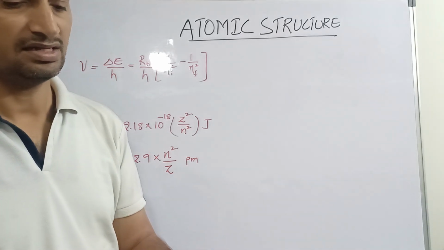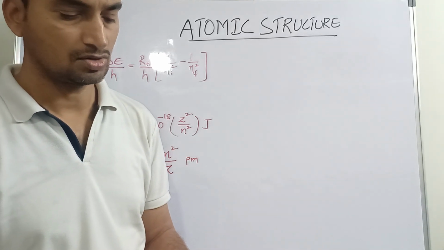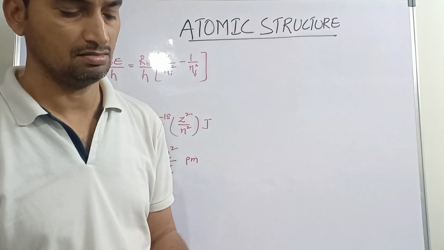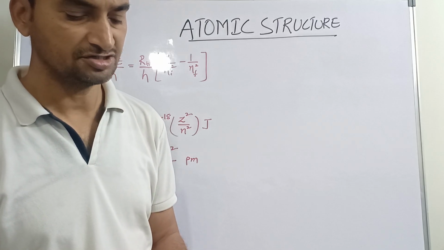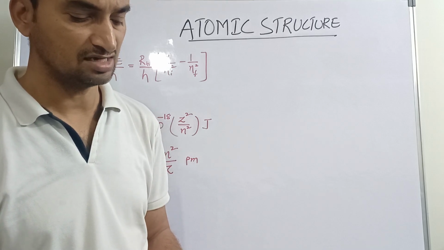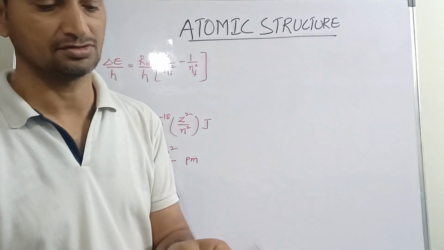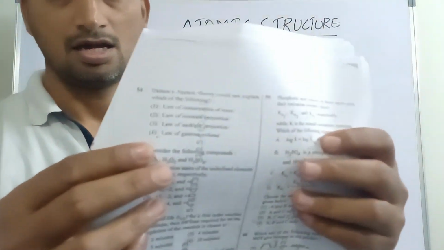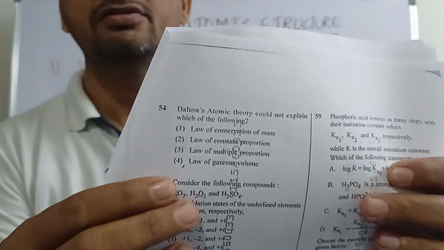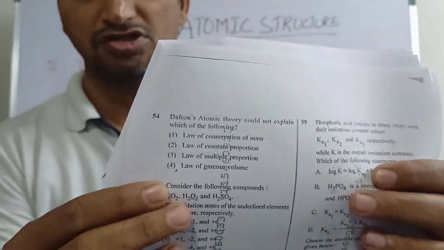Dalton's atomic theory could not explain which of the following: law of conservation of mass, law of constant proportion, law of multiple proportions, law of gaseous volume. ये क्वेश्चन NEET 2025 में पूछा गया है.